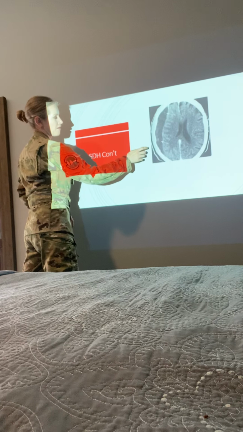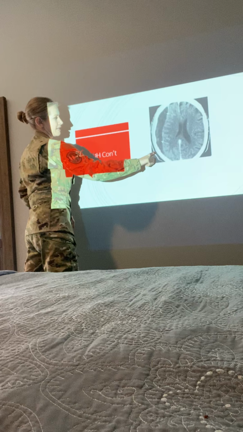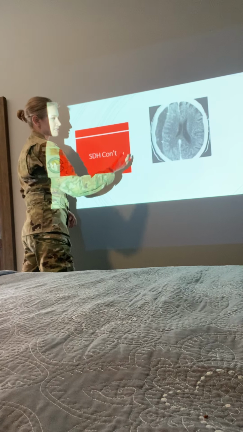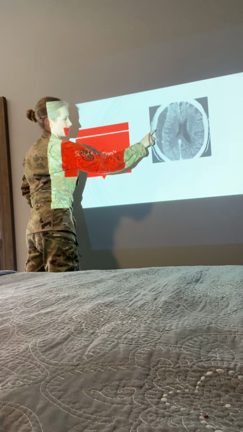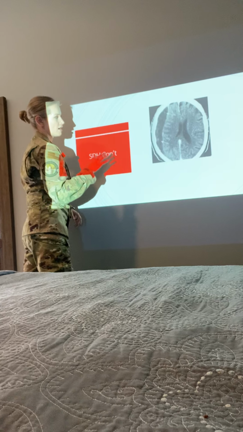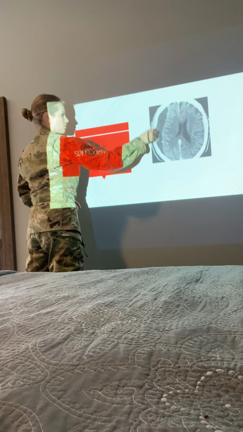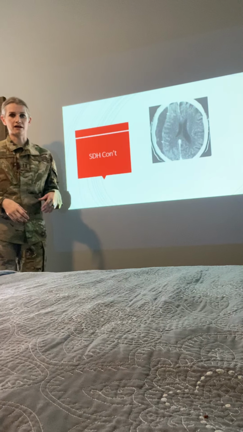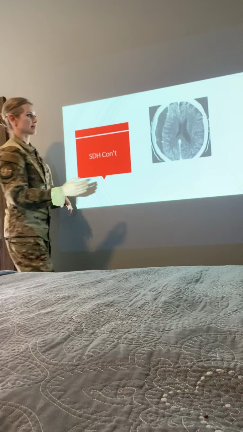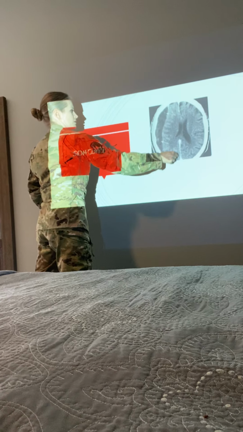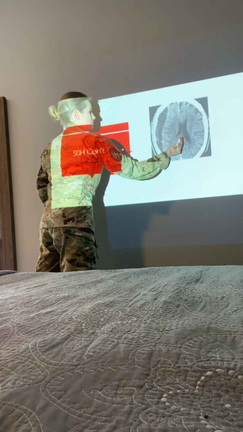When you see on a scan where it's dark like this, it means that it's not necessarily active bleeding. There's a couple little areas here that are lighter that may still be bleeding, but this is all probably loculated in there, and they have to actually go in and clean this out. In this patient, you can see their midline here. This is what's called a midline shift.